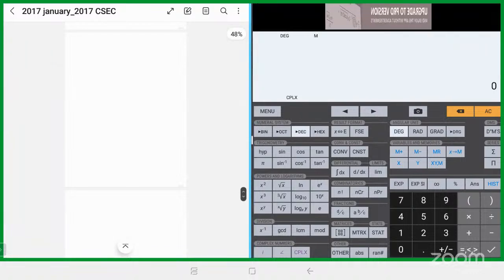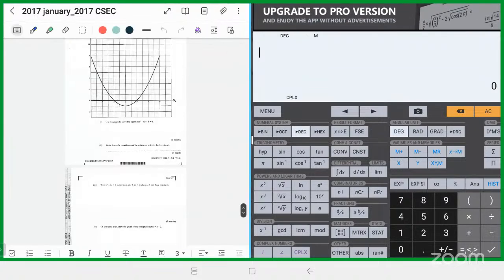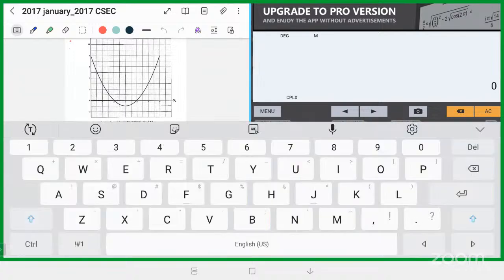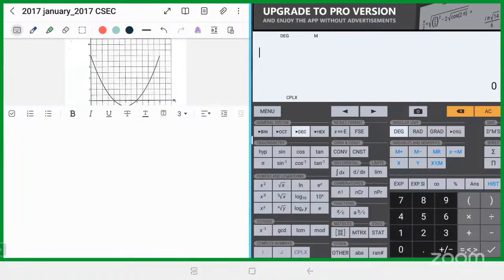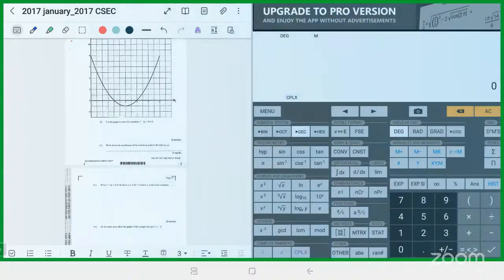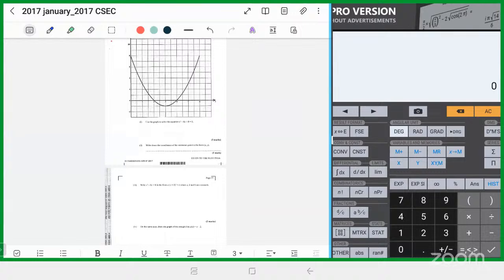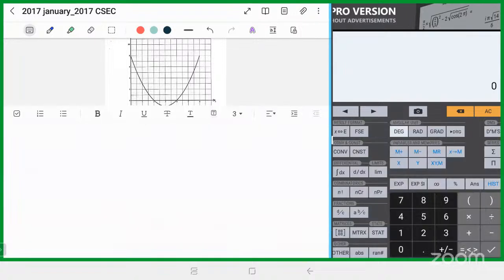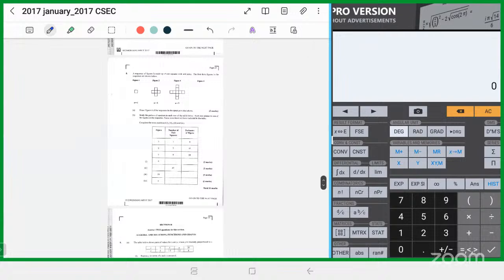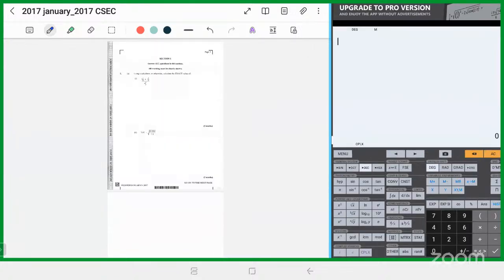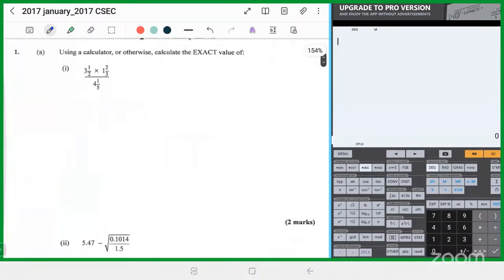Let me see if it is stable. I've never seen the device act up like this before. All right, let's try this again.